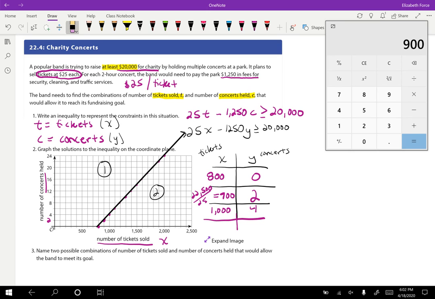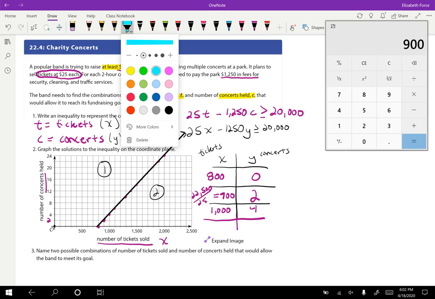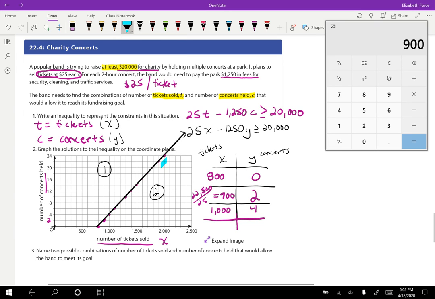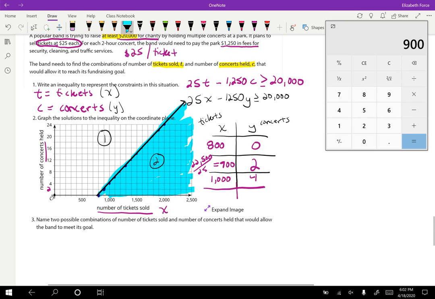Let's look at the point 0, 0, right? If I hold 0 concerts and I sell 0 tickets, I am not making any money. So that means since 0, 0 is in region 1, everybody in region 2 must be my solutions. So everybody over here will give me at least $20,000 or more. And don't forget, we want the points on the line too, because that means they're going to give us exactly $20,000.